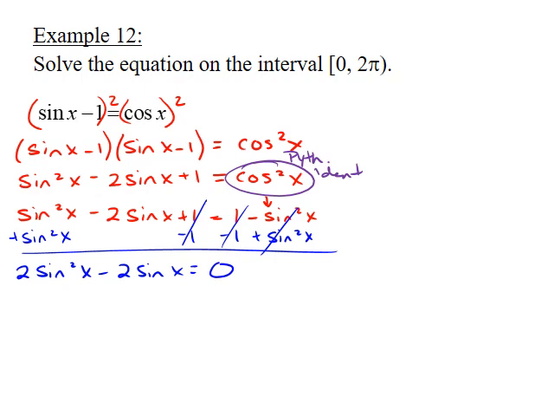There are a few options here. What I would probably do is factor out a GCF of 2 sine of x. So we're left with sine of x minus 1 equals 0. Okay, then we will solve each of these.